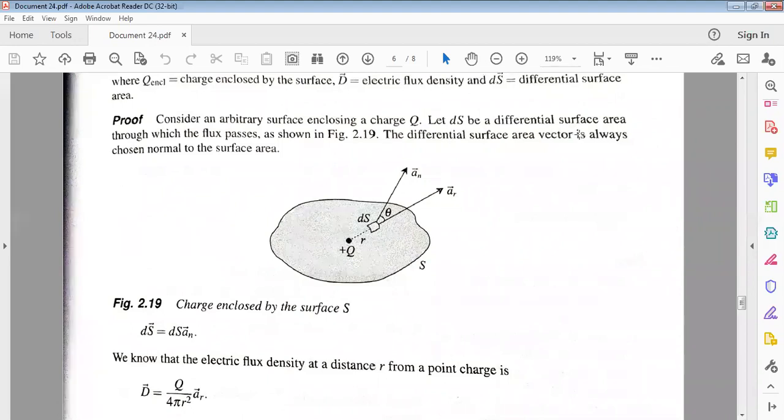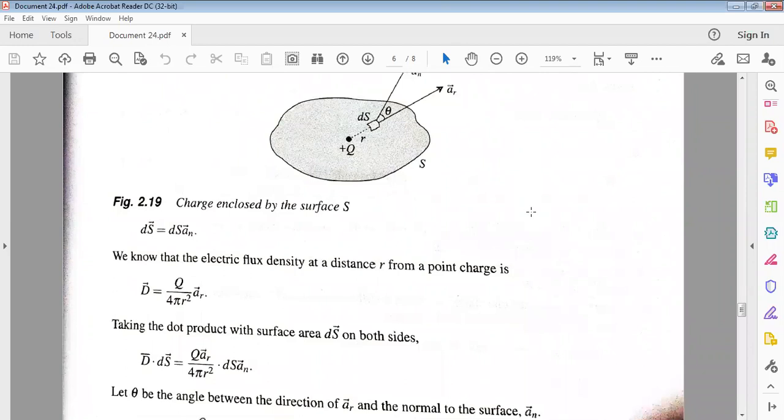The differential surface area vector is always chosen normal to the surface area, just taken like a perpendicular to the surface area. Remember that point.